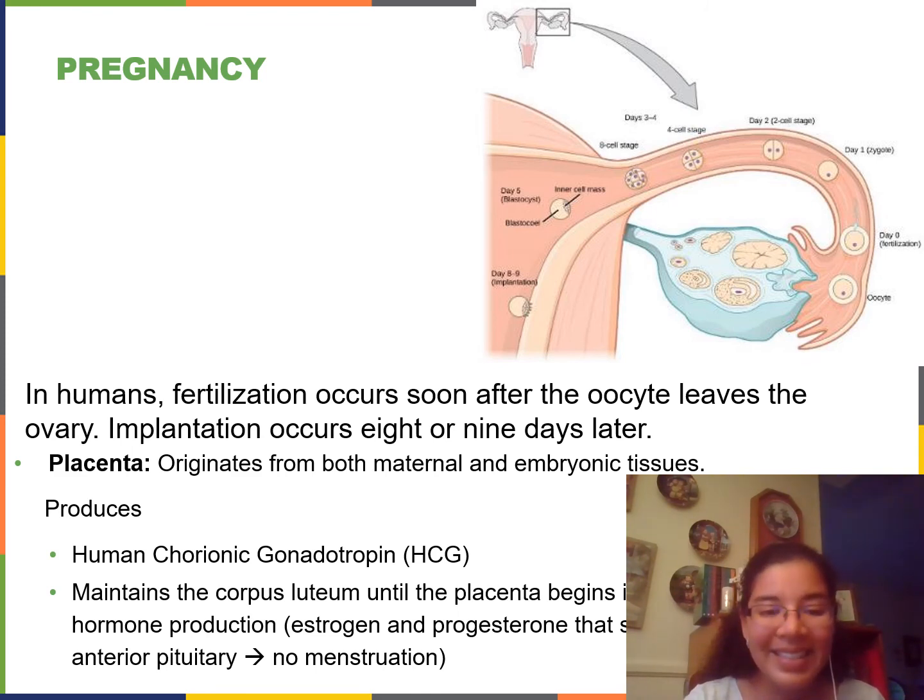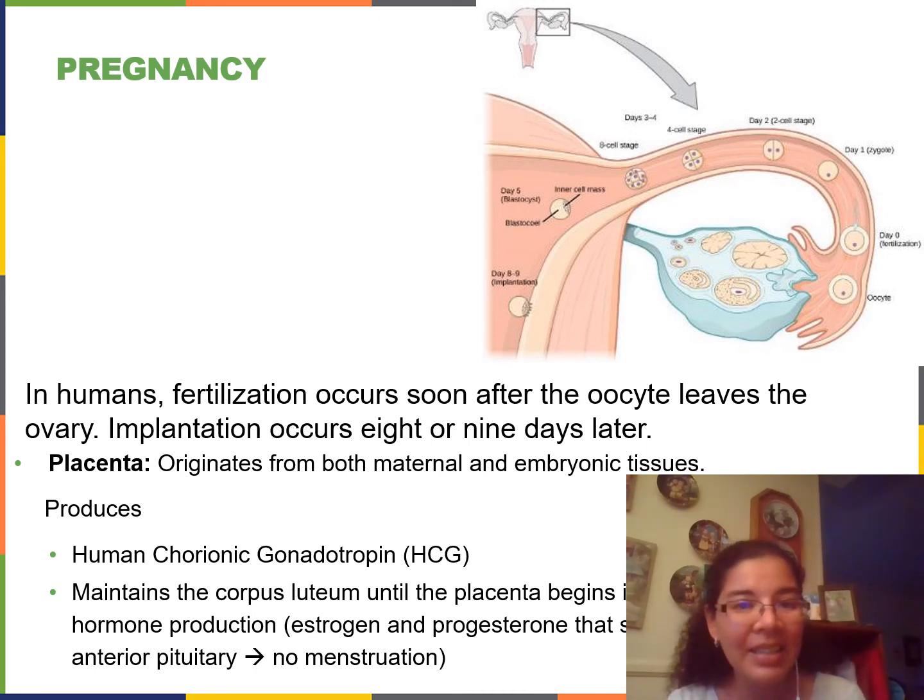And the placenta will produce human chorionic gonadotropin, HCG. It is this hormone that's detected in urine for a pregnancy test. Okay, so the corpus luteum needs to be active, not degenerate, not get destroyed, remain active, secreting progesterone until the placenta forms and begins producing the hormones necessary to sustain life.